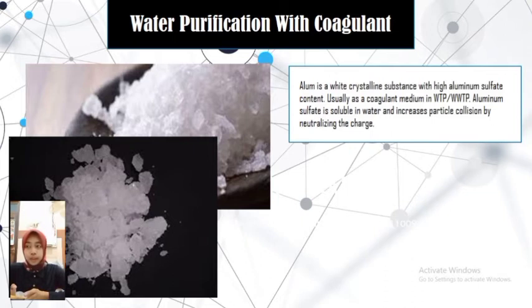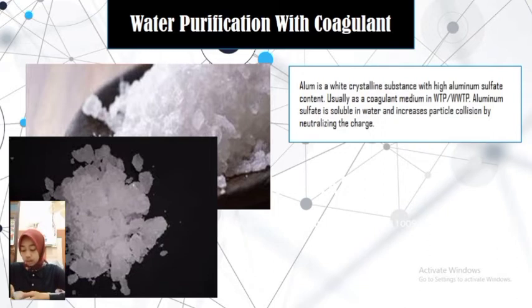Alum, which we know in Indonesia as tawas, is a white crystalline substance with high aluminum sulfate content, usually used as a coagulant medium in WTP or WWTP, the wastewater treatment process. Aluminum sulfate is soluble in water and increases particle collision by neutralizing the charge.